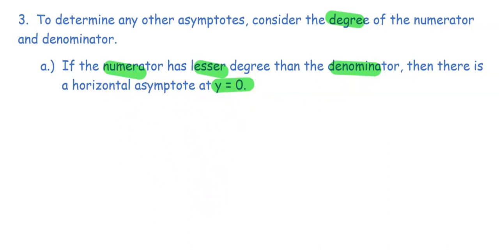So if I give you like 2 over x, then there's a horizontal asymptote at y equals 0. If I give you x squared over x to the third, we have a horizontal asymptote at y equals 0.